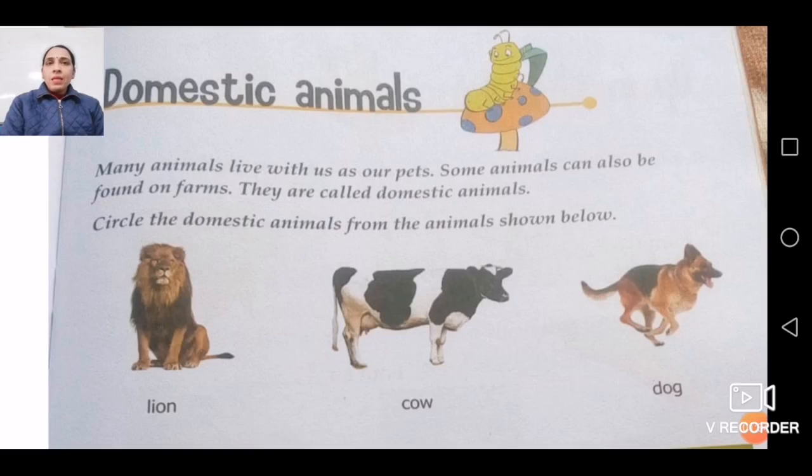Now, many animals live with us as our pets. Some animals can also be found on farms. Those animals which live in the jungle are known as wild animals, or you can simply learn this: animals who live in the jungle are known as wild animals.